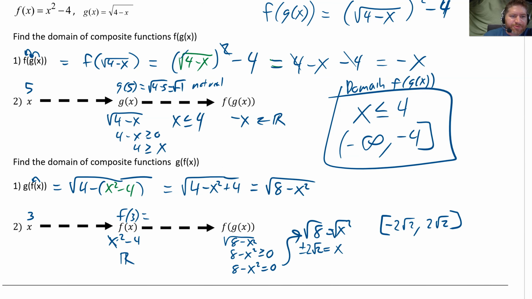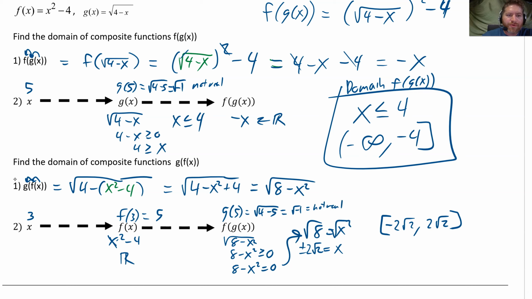you would get, just plugging that into our f, 9 minus 4, which is 5. And then now I would plug that into g. So g of 5 would be the square root of 4 minus 5, which is the square root of negative 1, which is not real.